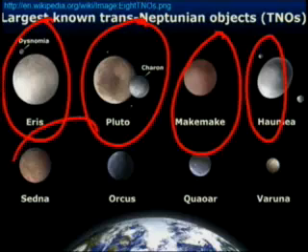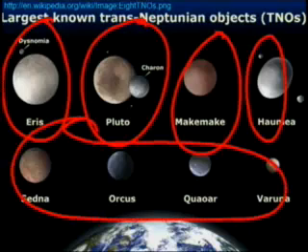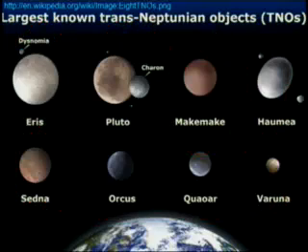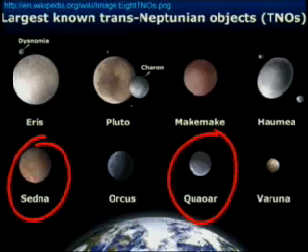Now, there are 4 objects out there that are even smaller. Why Haumea is an ellipsoid is still a bit of a mystery, I think. There are 4 more objects at least, and more being discovered: Sedna, Orcus, Quaoar, and Varuna. Two I've heard about relatively prominently, Sedna and Quaoar. Orcus and Varuna are not well known. They appear to be spheres.